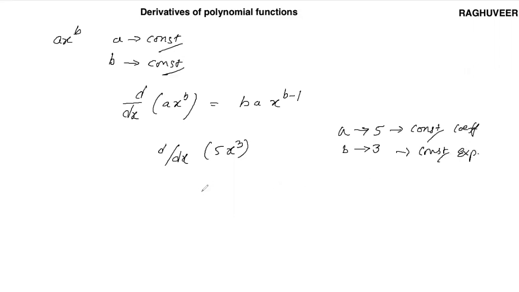So this is 3 into 5 x to the power of 3 minus 1, which is 15 x square.